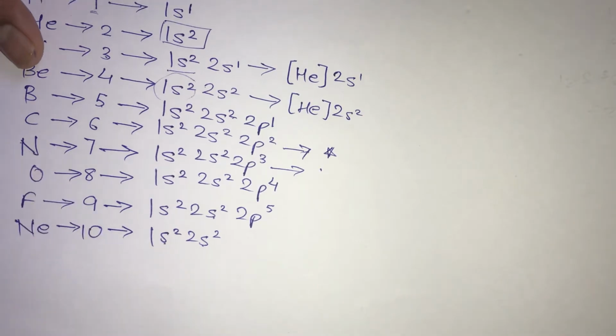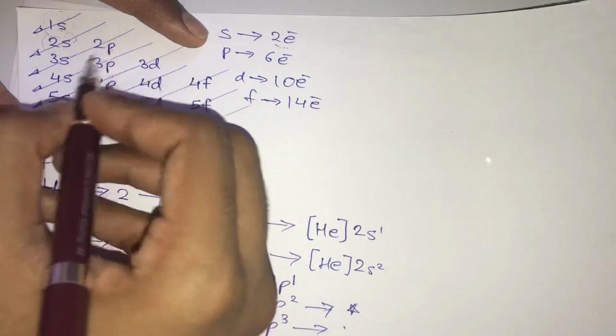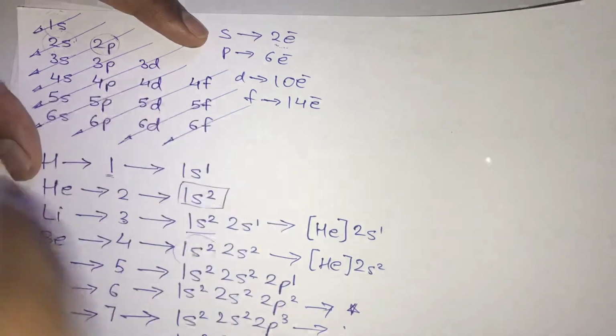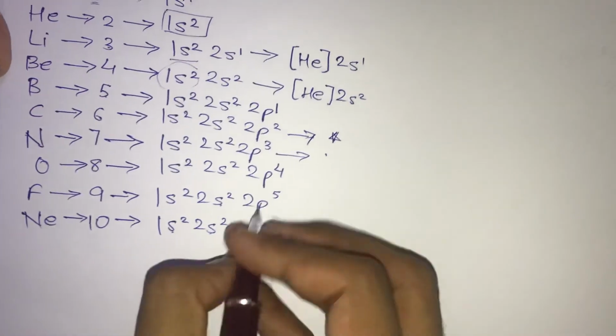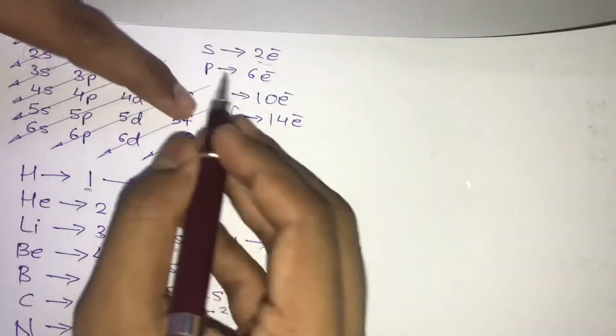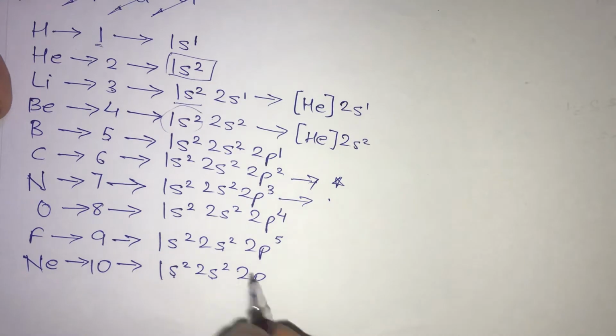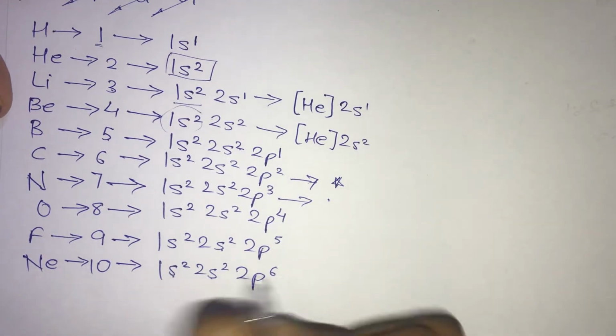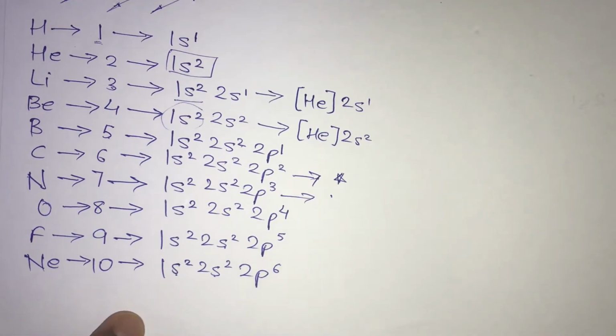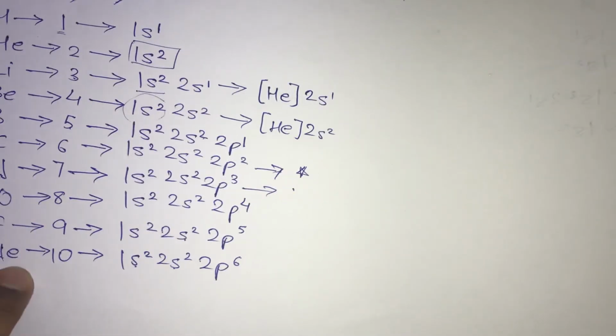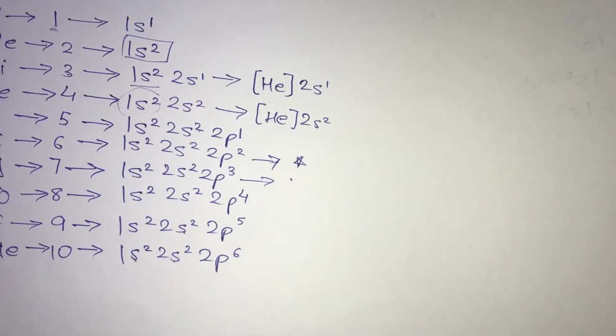And after 2s comes the third diagonal where 2p comes first. This 2p can take a maximum of 6 electrons, and we have 6 electrons remaining with us, so we are going to write 2p6. So the electron configuration for neon is 1s2, 2s2, 2p6.